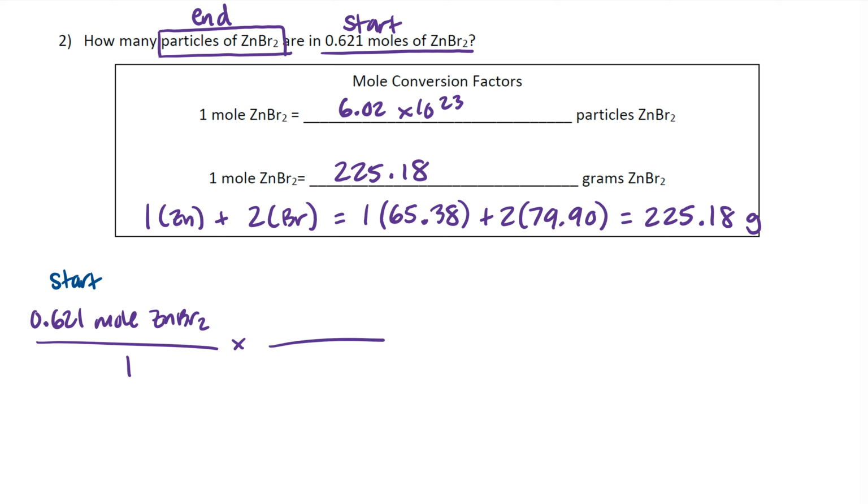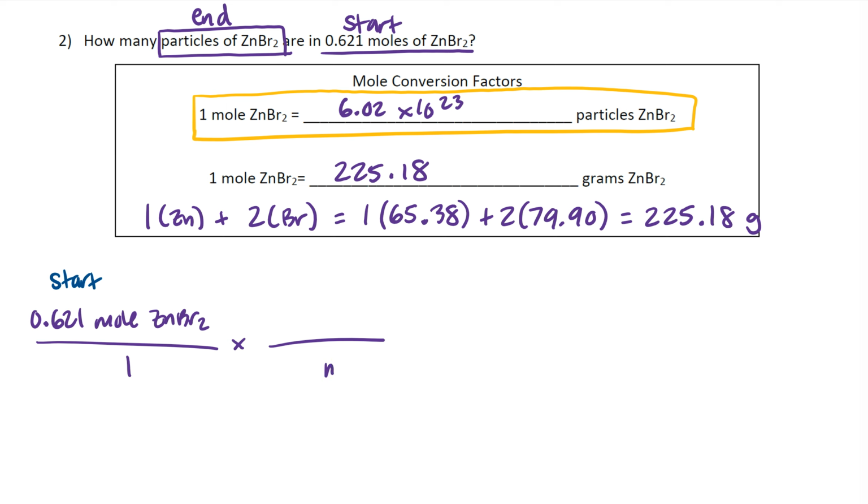And so now looking at my start unit of moles, my end unit of particles, I examine my 2 mole conversion factors, and it's the first one that we're going to use because that is the one that has the start and ending units for this problem. So please grab your second colored pencil or colored marker and put a box around the first conversion factor, 1 mole equals 6.02 times 10 to the 23rd particles. And that's the one that we're going to have to use here in our dimensional analysis.